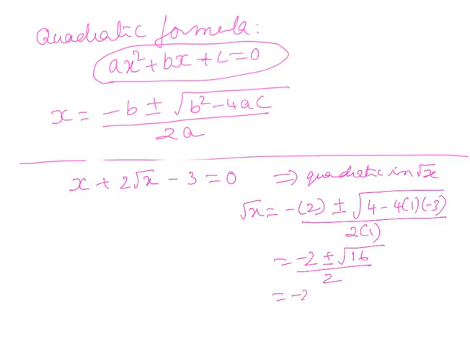That is 2 minus 4 divided by 2, or, I'm still in root x, remember, root x is equal to, because it's a quadratic in root x, 2 plus 4 divided by 2. The first is not a possibility, because the root of any real number cannot be negative.